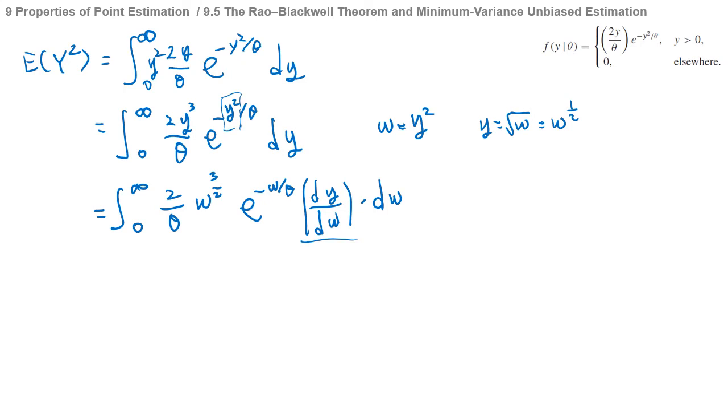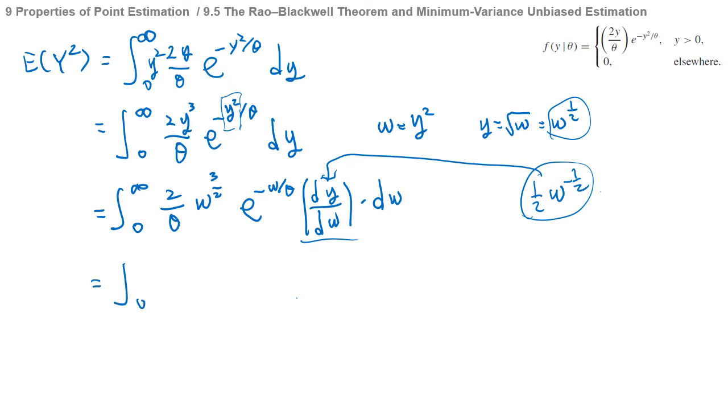Differentiating this one, we get 1 over 2 w to the minus 1 over 2. So put it here, and then what we will get is, from 0 to infinity, the 2 is cancelled, 1 over theta, and we have w, and e to the minus w over theta dw.